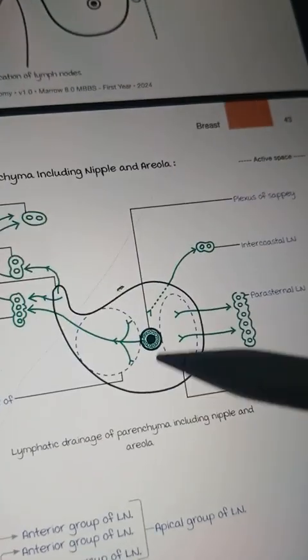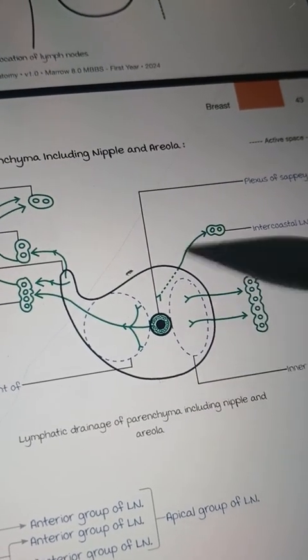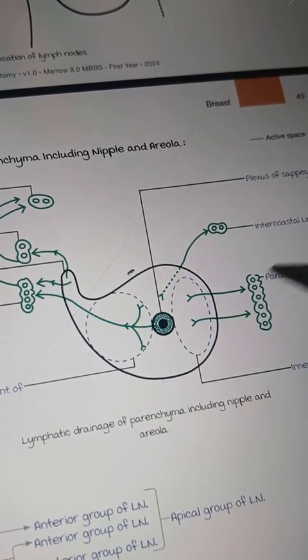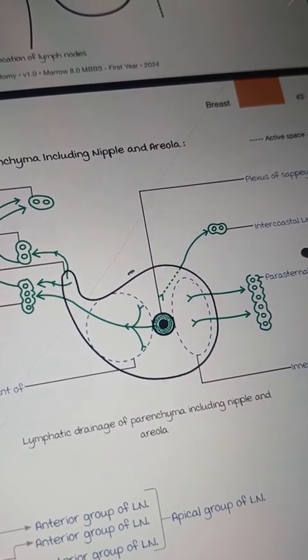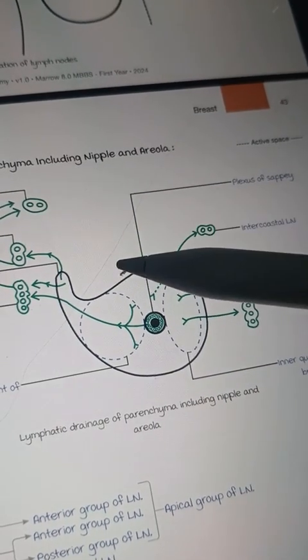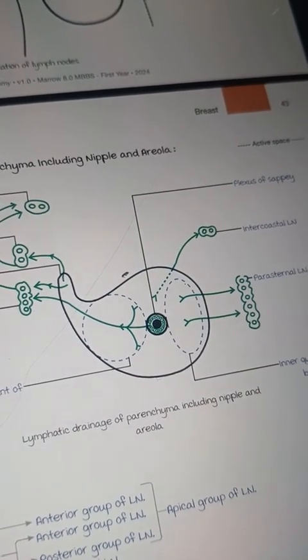So outer quadrant is by the anterior group, inner quadrant by the parasternal nodes, deeper aspect of the breast by the intercostal nodes, and the axillary tail of Spence by the anterior plus posterior groups, both of them.